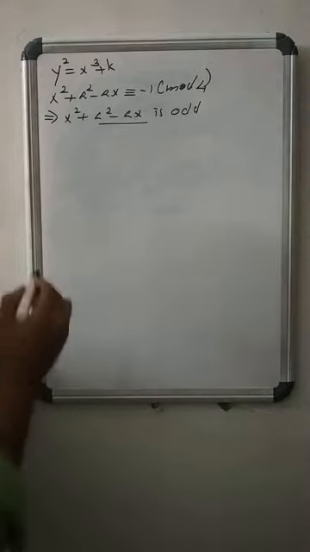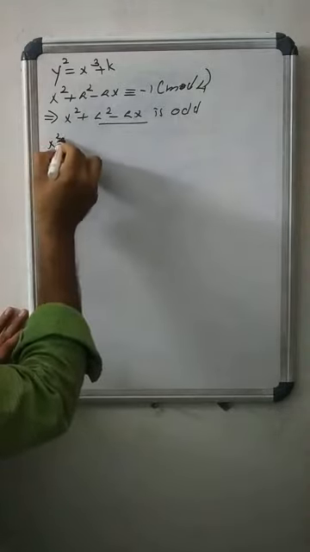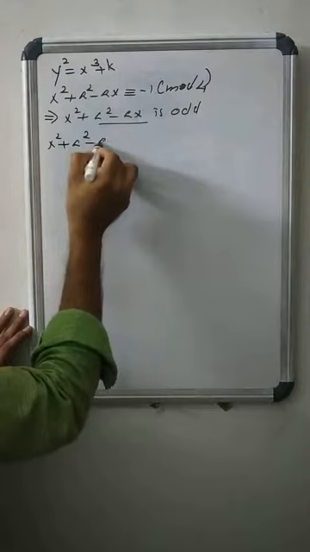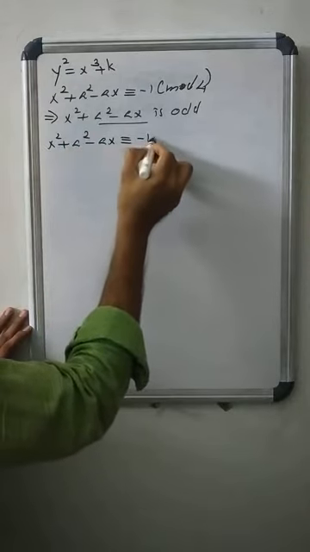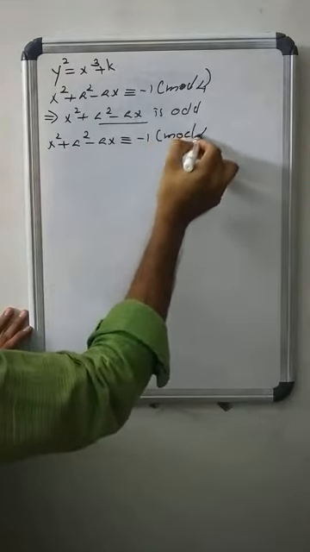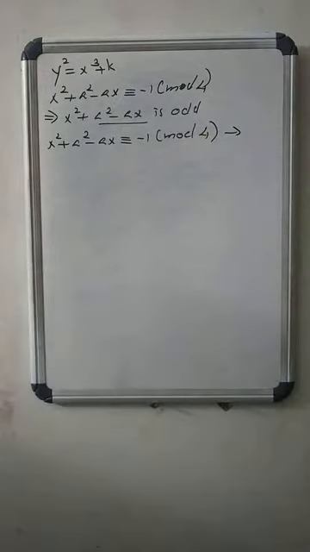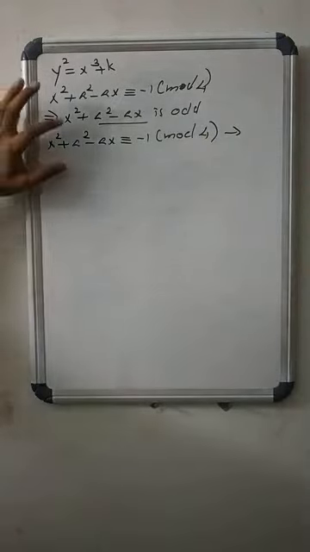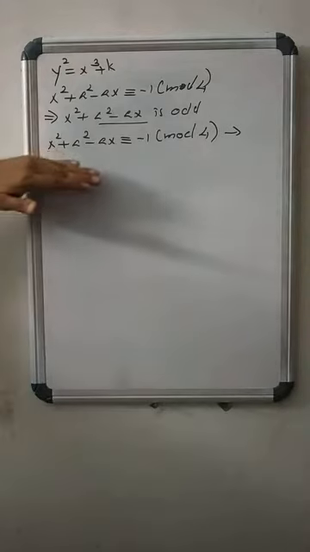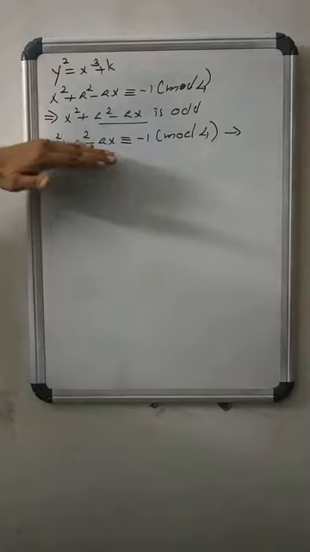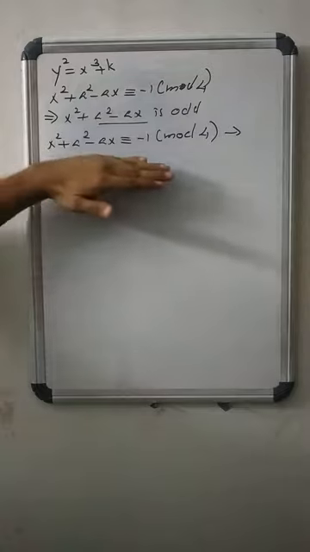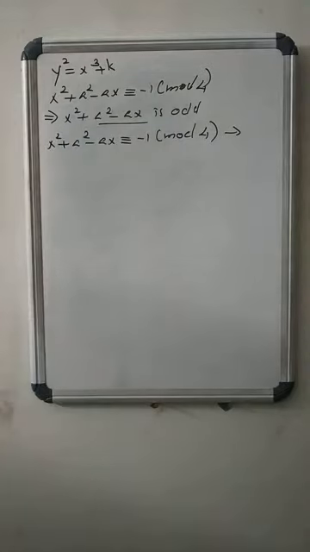Thus x square plus a square minus ax is congruent to minus 1 mod 4. This gives that all prime factors of x square plus a square minus ax are odd. Then if it is congruent to minus 1 mod 4, that gives that not all prime factors of this x square plus a square minus ax can be equal to 1 mod 4.